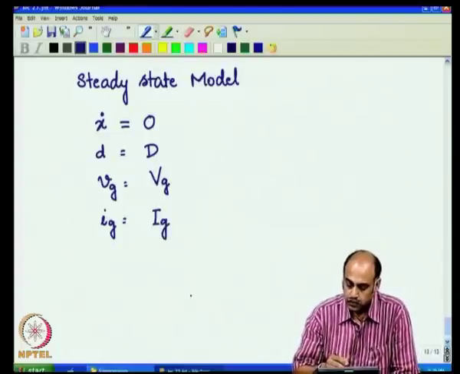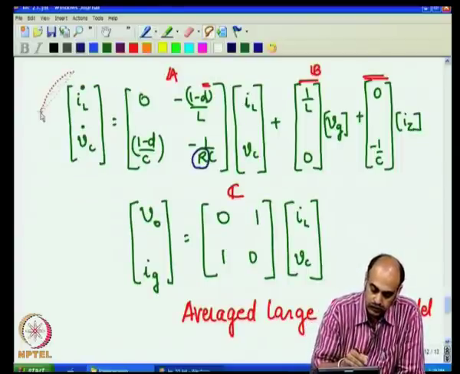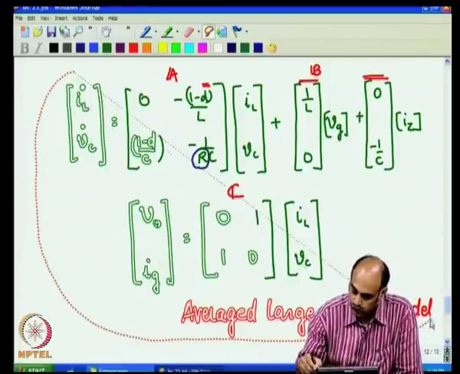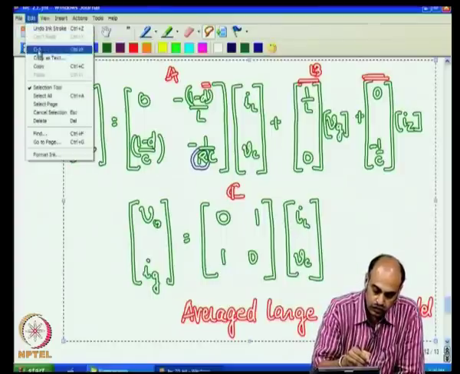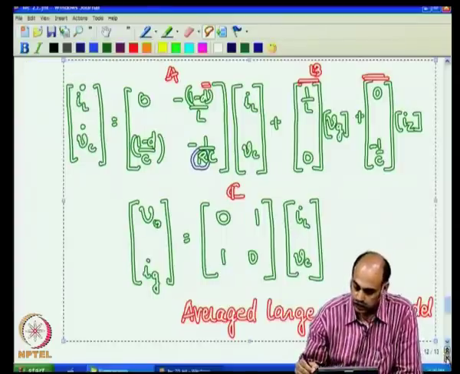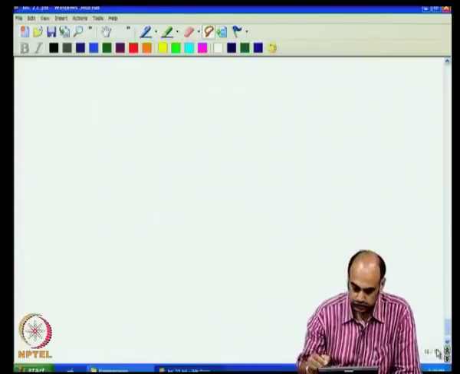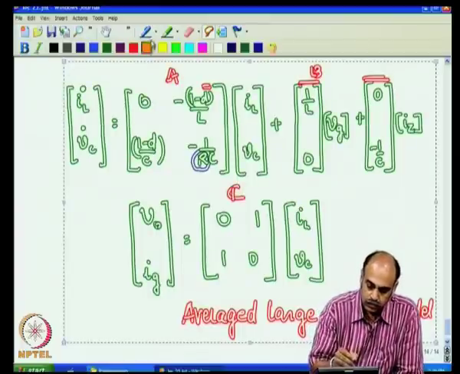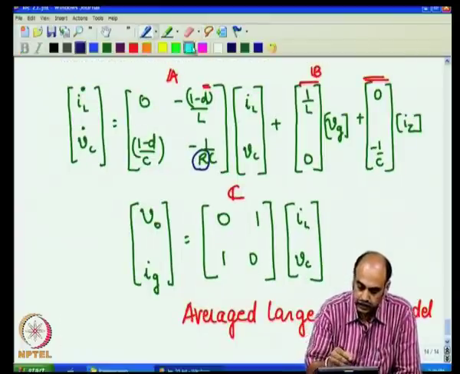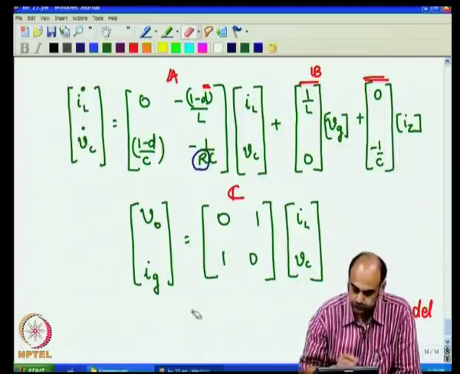Okay. So, from the averaged large signal model, we shall mark off this, copy that, and we shall paste it here and edit this to form the steady state model.